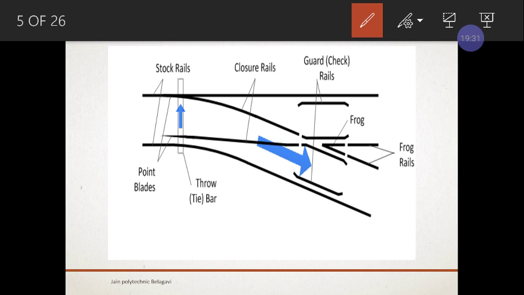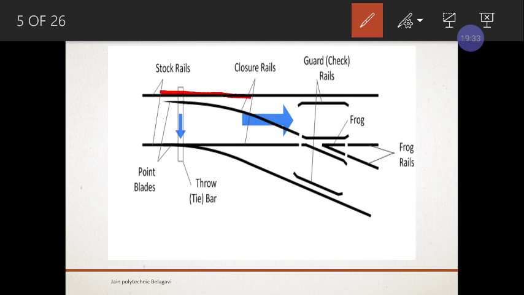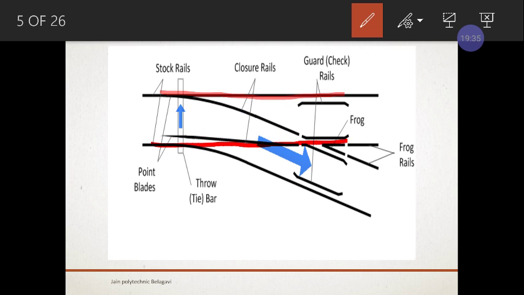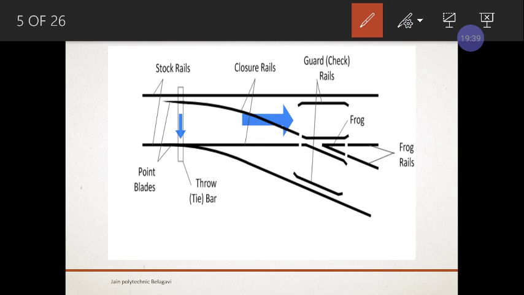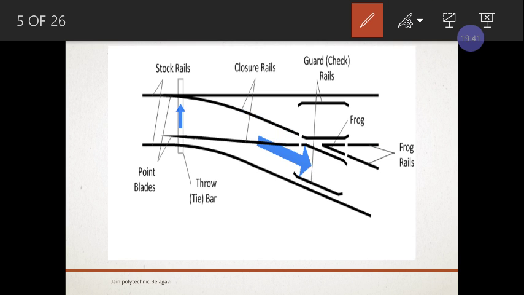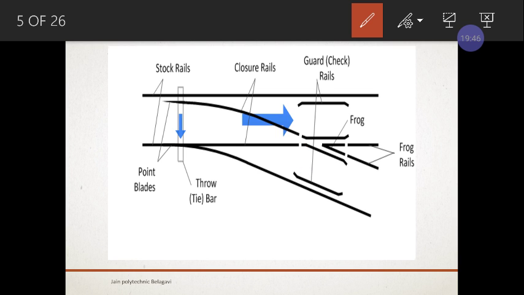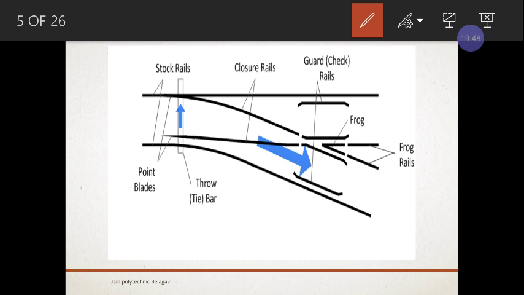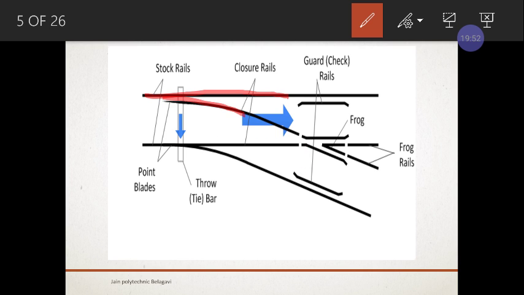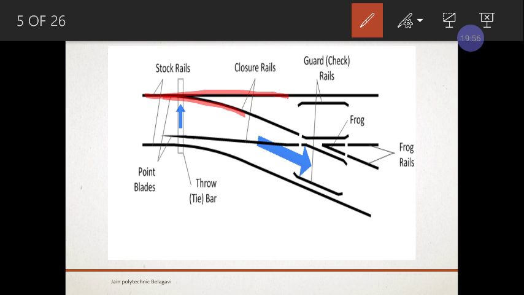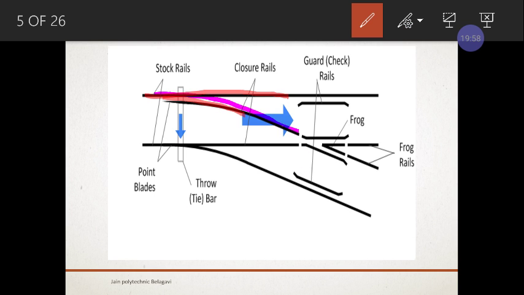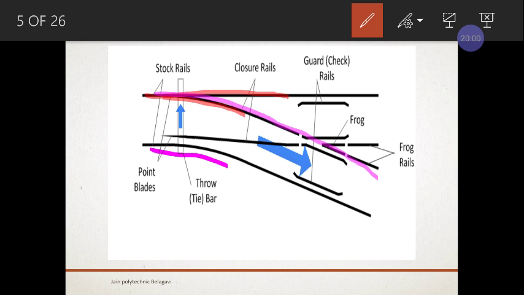And when it moves away, you can move it straight on this line. That is how the working goes. When the tongue rail touches this stock rail, like this, then your train will move onto this branch track.